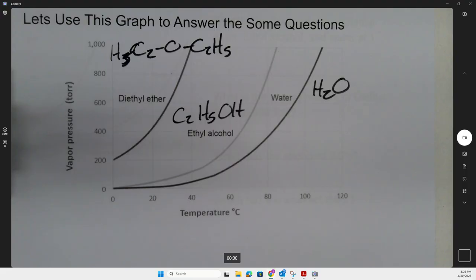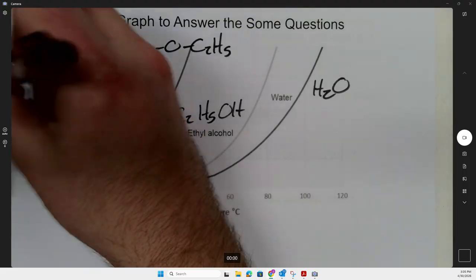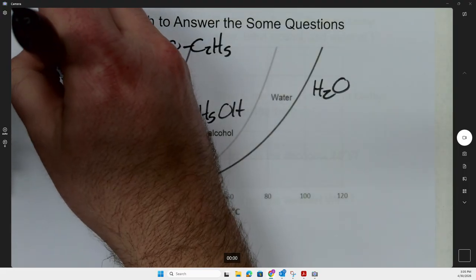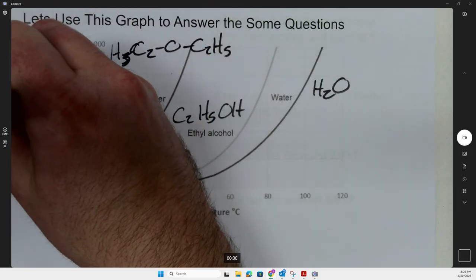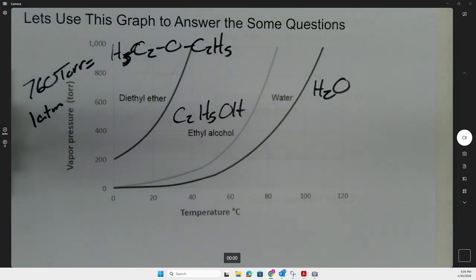How many torrs fit into 1 atmosphere? 760 torr is equal to 1 atmosphere.